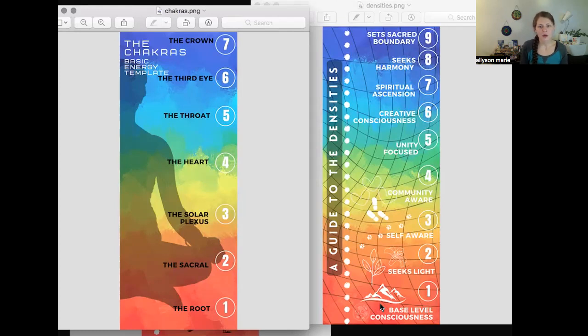It also embodies and works with this base level consciousness, the survival instincts, those really deep and ingrained functions represented within the root of our beingness and our root chakra. Of course, it's compatible with the color red.